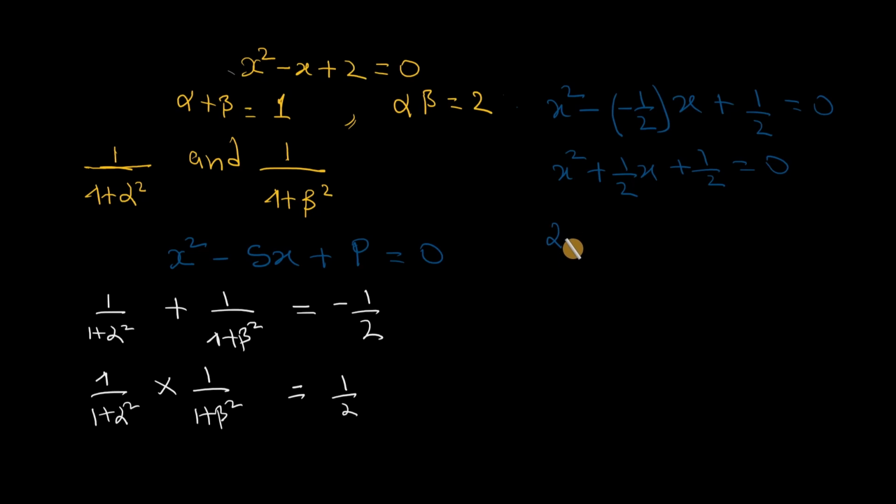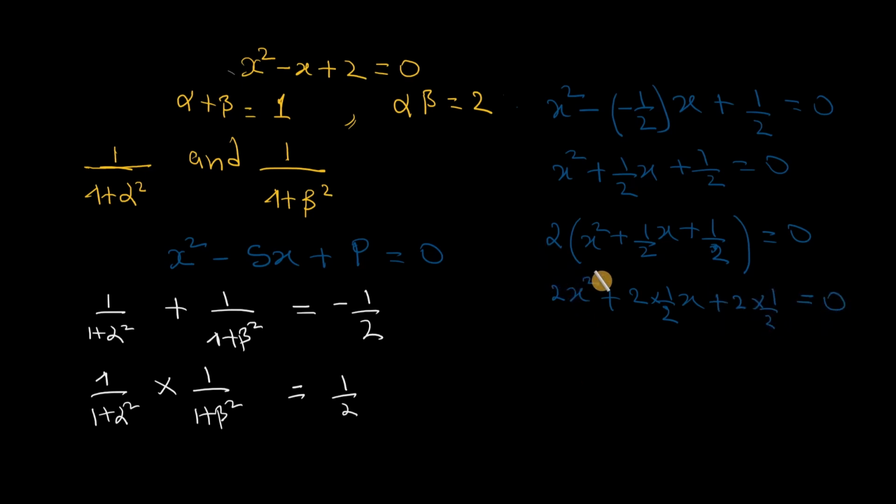That is 2 times x squared plus 1 over 2 x plus half is equal to 0. 2 times x squared is 2x squared plus 2 times half x plus 2 times half is equal to 0.